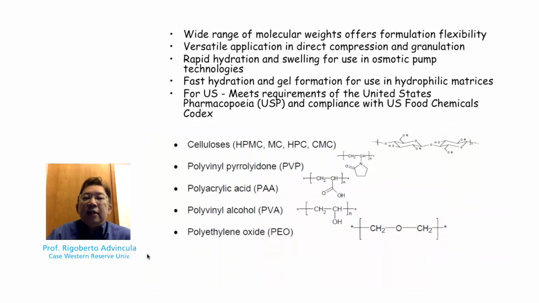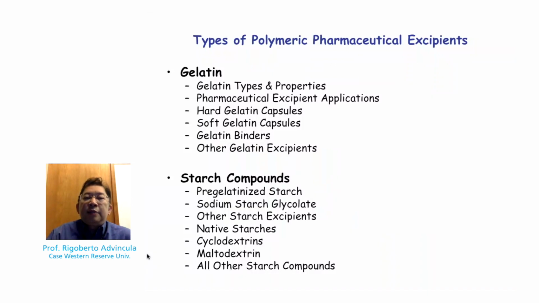They are designed to swell, hydrate, or at the proper osmotic event be released inside the body. Specific types of polymer pharmaceutical excipients can be in the form of gels or gelatin capsules in terms of a compounded starch. This could be starch, derivatized starch, cyclodextrin, maltodextrin, and so on.